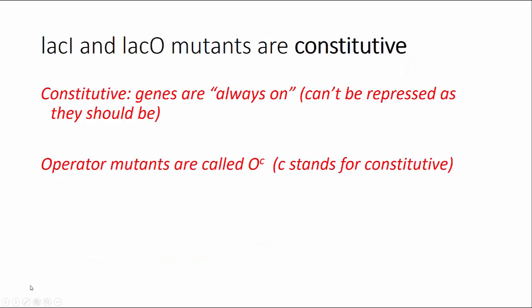There's a term I'd like to introduce regarding these mutations, and that is the term constitutive. The term constitutive is used to indicate that a gene is always on. It cannot be repressed as it should be. Because these mutations are constitutive, we actually call the operator mutation an OC mutation. So C stands for constitutive.